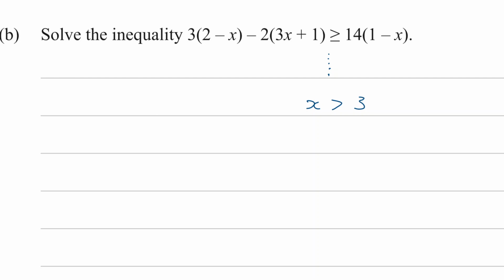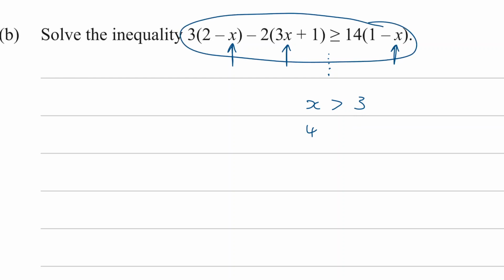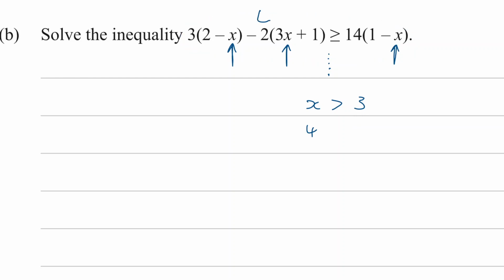And that tells us if we replaced all these x's with a number greater than 3, let's say 4, this inequality would be true, in that this left-hand side is greater than the right-hand side. So let's go ahead and solve this inequality, and then we can check, right, as our last step.